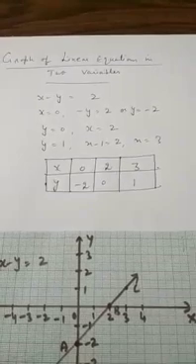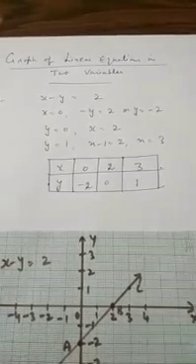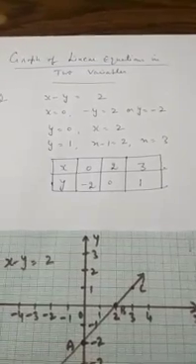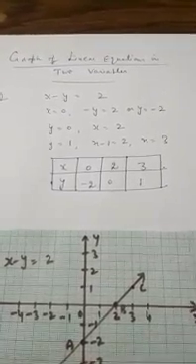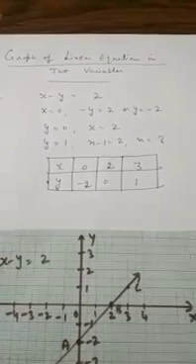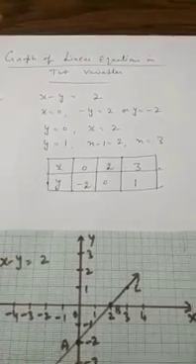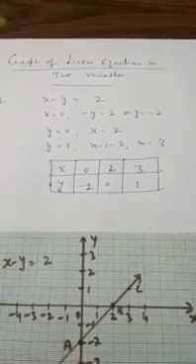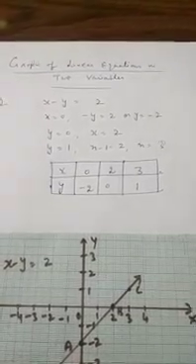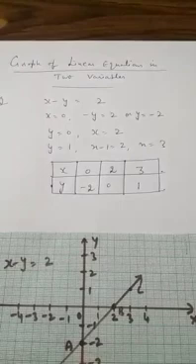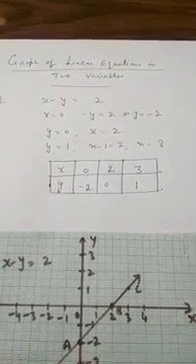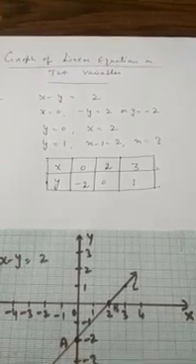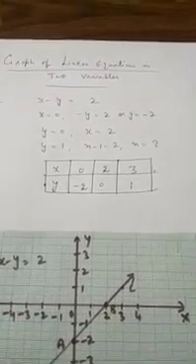I will get minus y is equal to 2, or y is equal to minus 2. Please take care of this sign. When x is 0, minus y is equal to 2, and the minus sign will be shifted, so y is equal to minus 2. When y is 0, x is 2. When y is 1, x minus 1 is 2 and x is equal to 3.